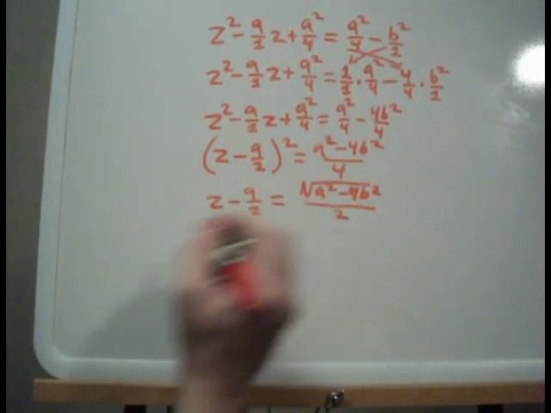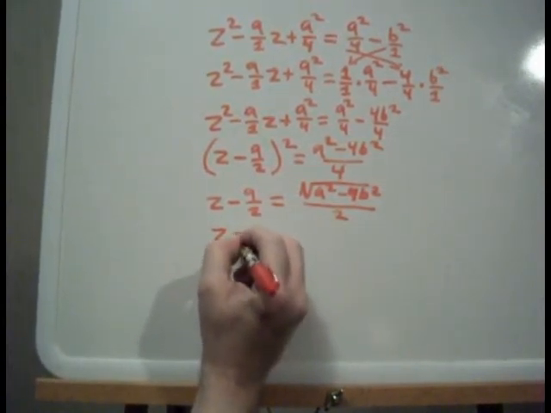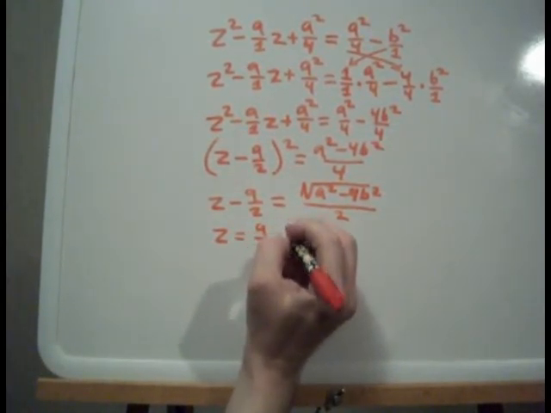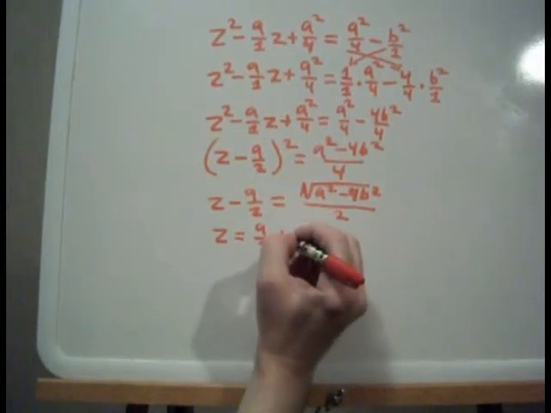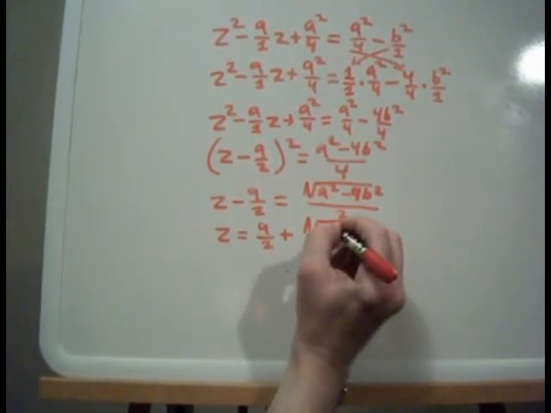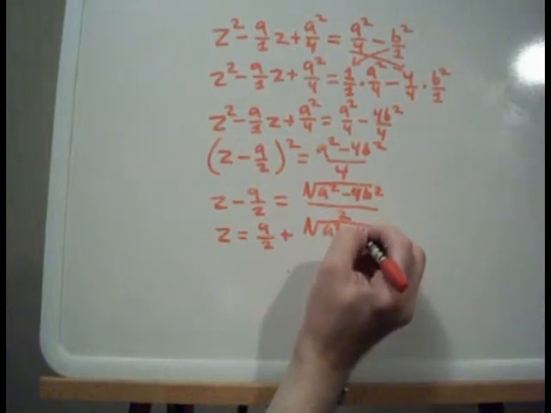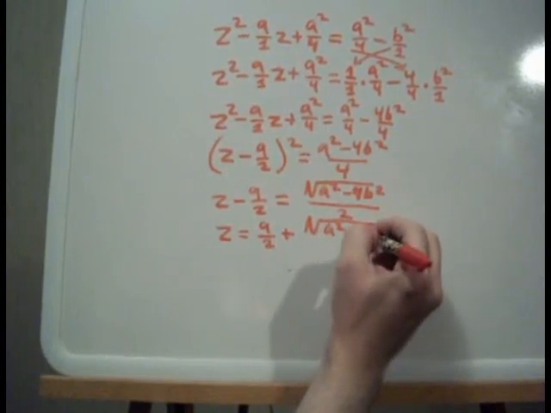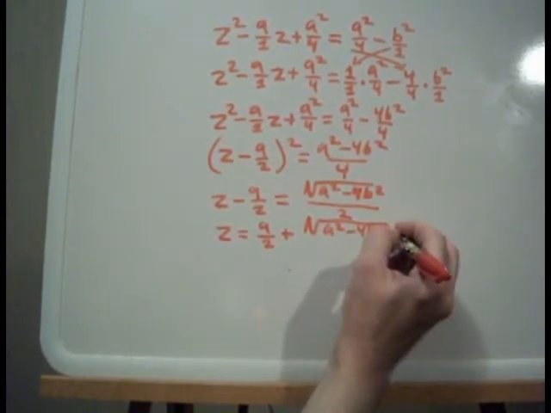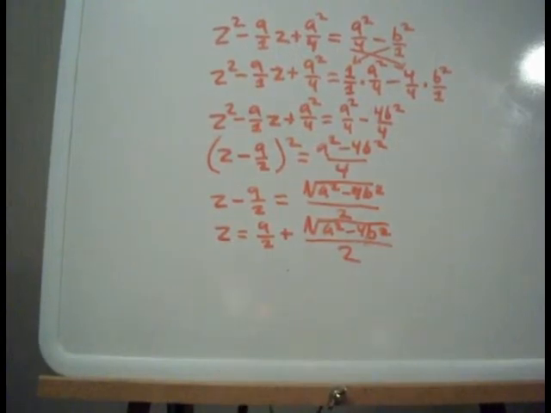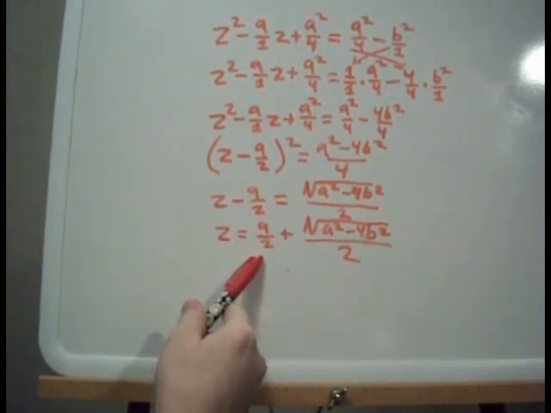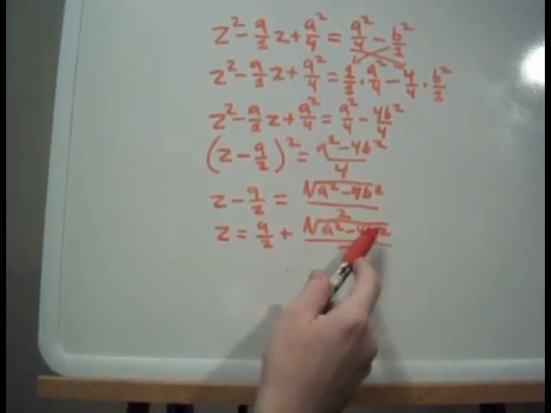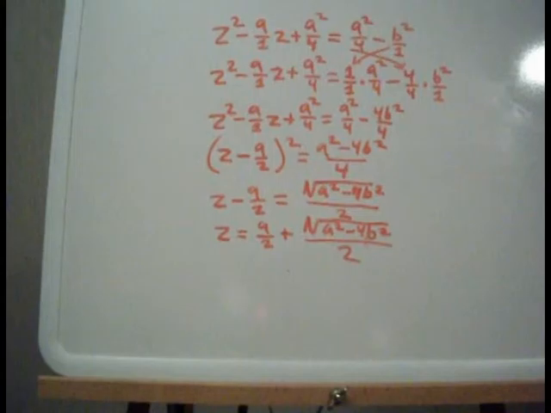Now we're going to put this term on the other side. So now we have a over 2 plus the square root of a squared minus 4b squared divided by 2.